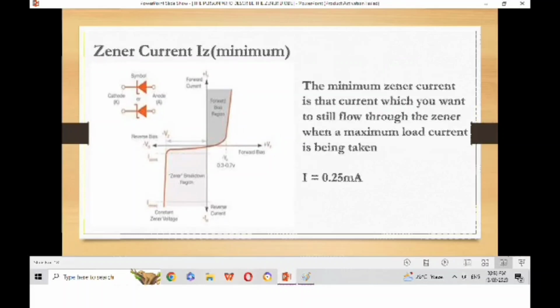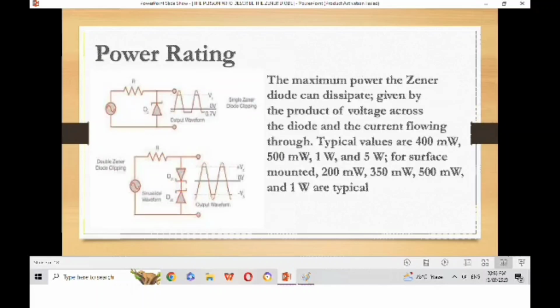Next is the minimum Zener current. The minimum Zener current is the current which you want to still flow through the Zener when the maximum load current is being taken. The minimum Zener current is 0.25 milliamperes. Then next is the power rating.